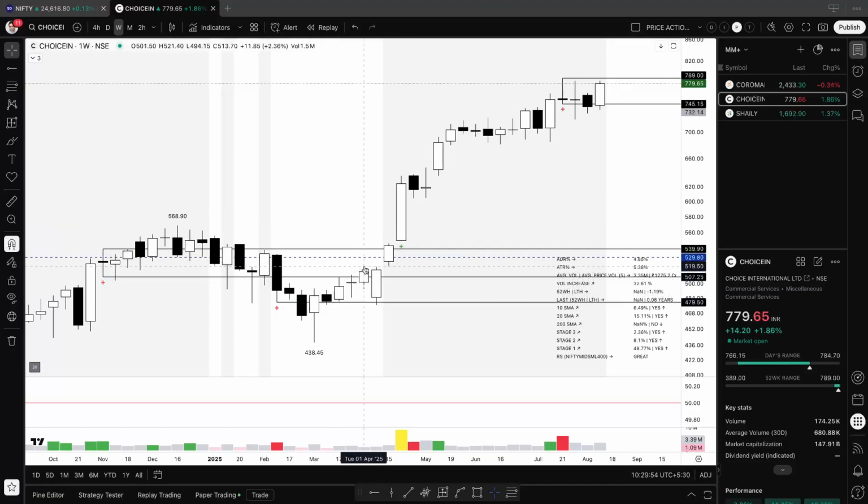Then it went up again, but before a big move, it shook out but never broke the low level. So the same is happening here. Something important is happening, and it is telling us that 745 is a very, very important level.